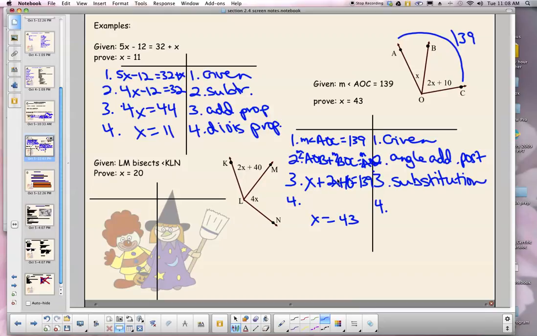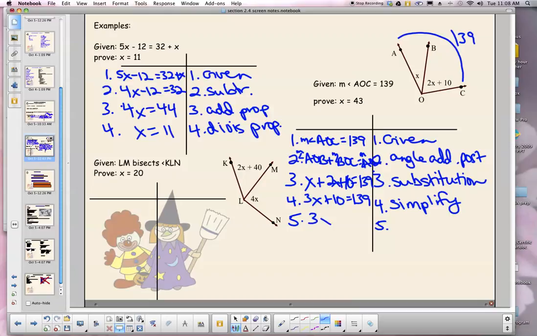Okay? So what am I going to do? I'm going to put my like terms together. So I'm going to get 3x plus 10 equals 139. So that would be simplifying, like I said on the last page. Now it's an algebra problem, so I'm going to minus 10.